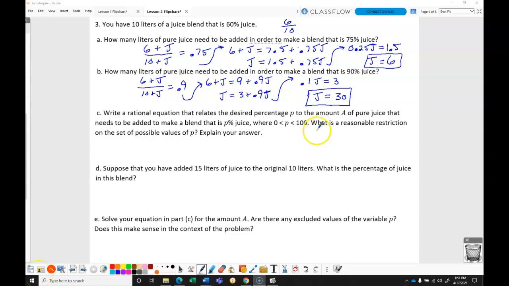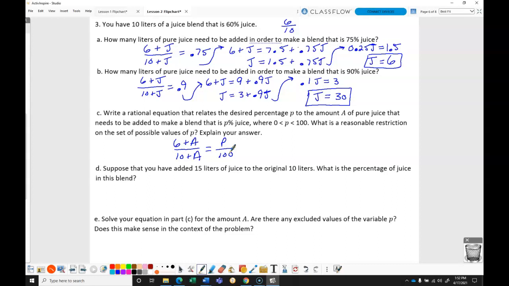So part C is asking us to write a general equation using P as the desired percentage, and A as the juice instead of the J. So I'm thinking it's going to look like this: 6 plus the juice that we add over 10 plus the juice that we add is going to equal, and percentages are out of 100, so P out of 100.